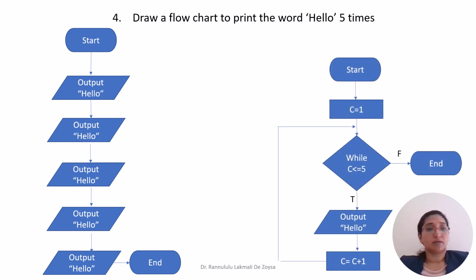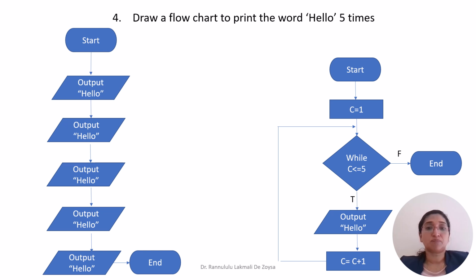In this, how many lines? 1, 2, 3, 4, 5, 6, 7. Here, 1, 2, 3, 4, 5, 6. But for this, rather than using a variable and using a repetition structure, you might feel, oh, it's easy to write this one.